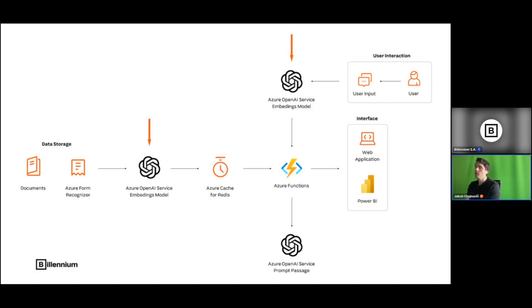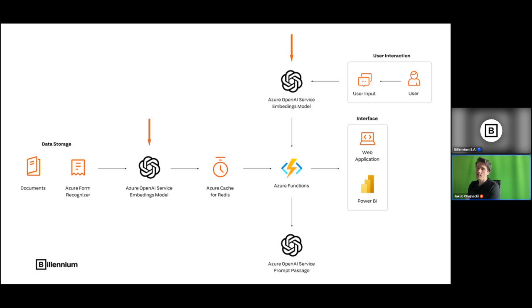And then what happens is that if the user, from the top right perspective, asks some question, so there will be a user input, this input will again be passed through the embeddings model to create the vector representation. Then we compare the vector representation of the user input to our documents.